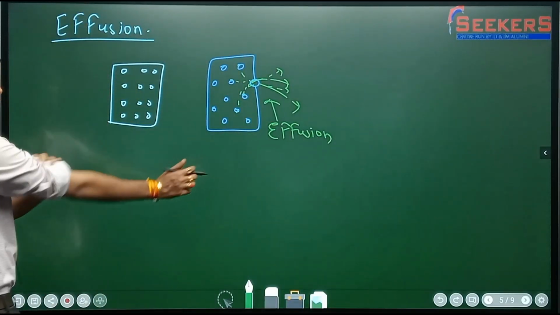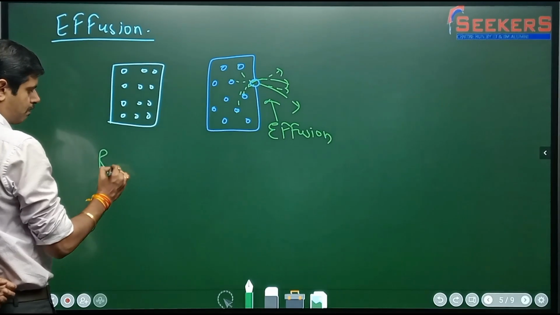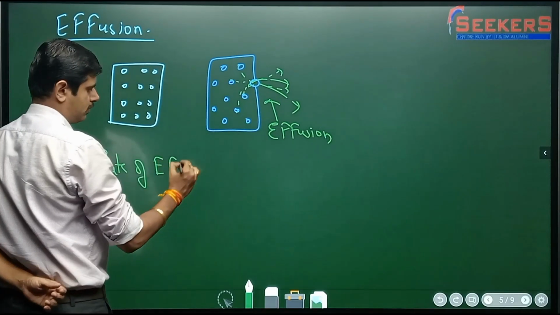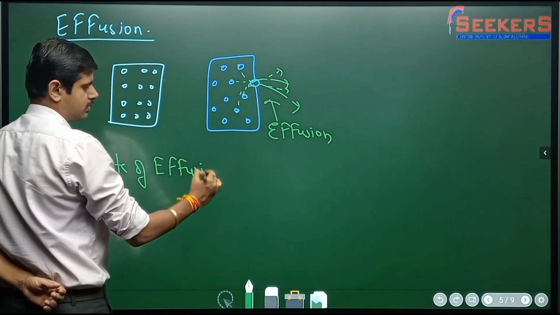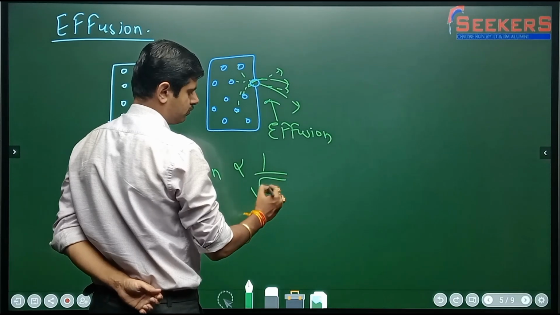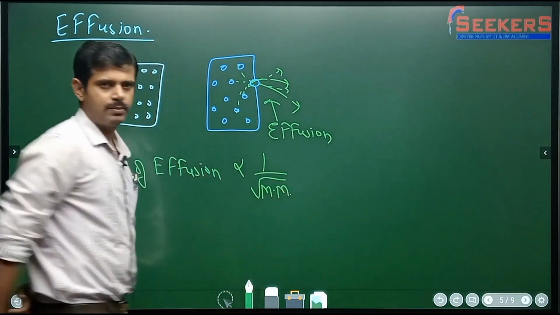Now rate of effusion is also inversely proportional to root of molecular mass.